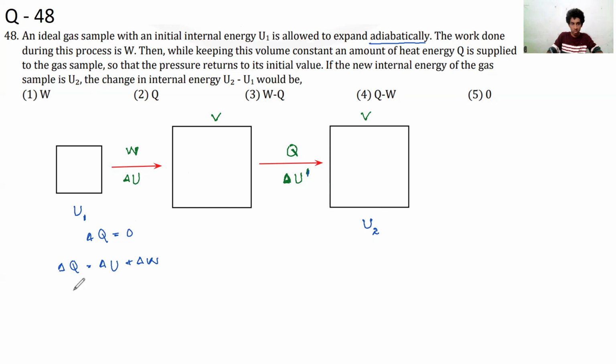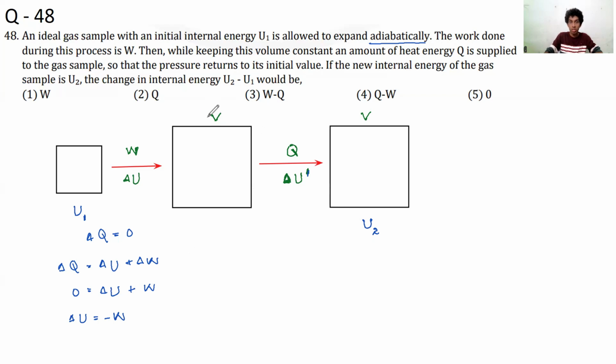So delta Q is equal to 0. Therefore, 0 is equal to delta U plus, and they have given the work done during the process is W. So therefore, delta U is equal to minus W. And during the second process, what they have done is, while keeping this volume constant, an amount of heat energy Q is supplied to the gas sample.